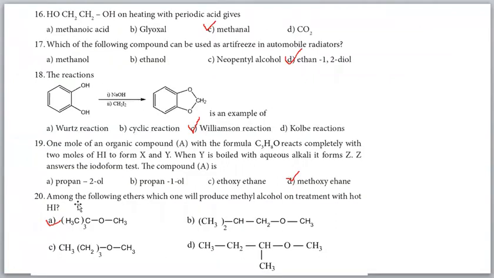But here, among the following ethers, which one will produce methyl alcohol on treatment with hot HI? According to the point given in our book, we have to get methyl iodide here, since this is the less sterically hindered group. Here also, among these two alkyl groups, this is less sterically hindered.